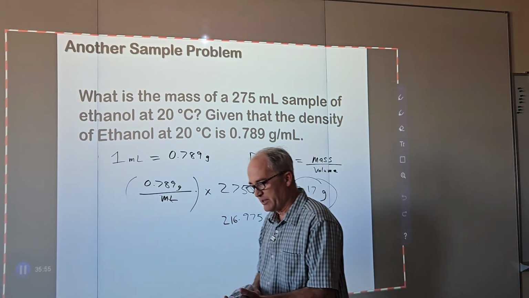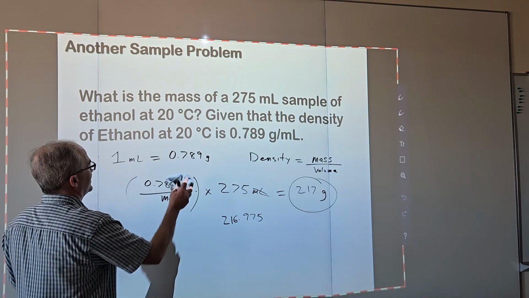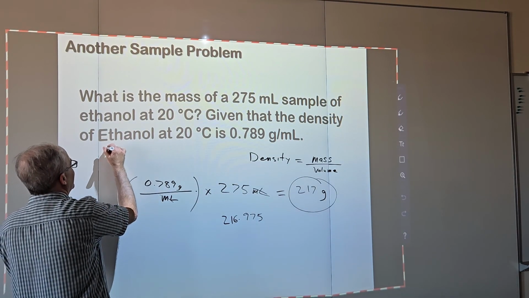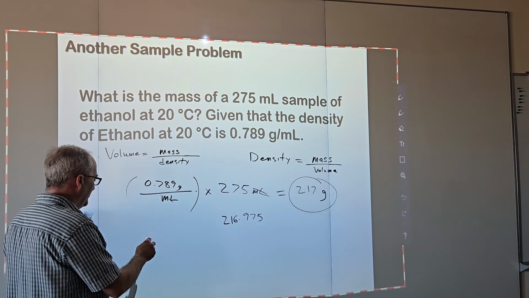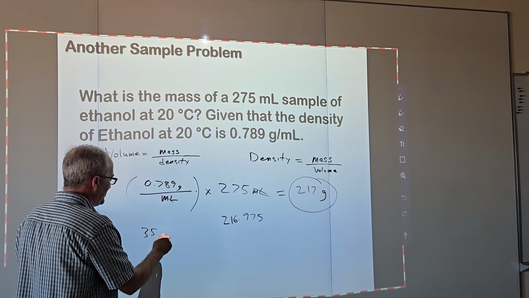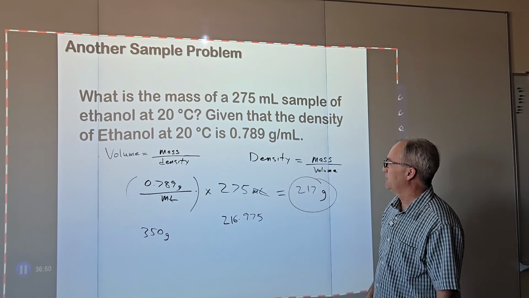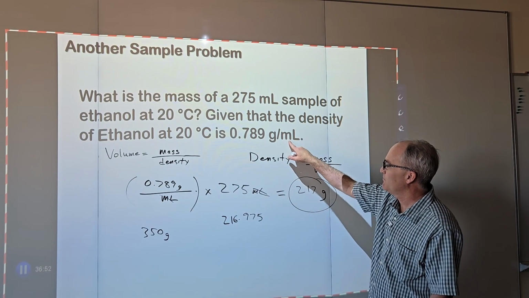So while we're on the topic of density, I can take this and I can rearrange things. I'm gonna do the hardest one for students. That's like if I said, what is the volume of 350 grams of ethanol? I'm gonna write down the number and the unit, and then I'm gonna look at this and go, oh, I don't know, that's in the bottom, what do I do?